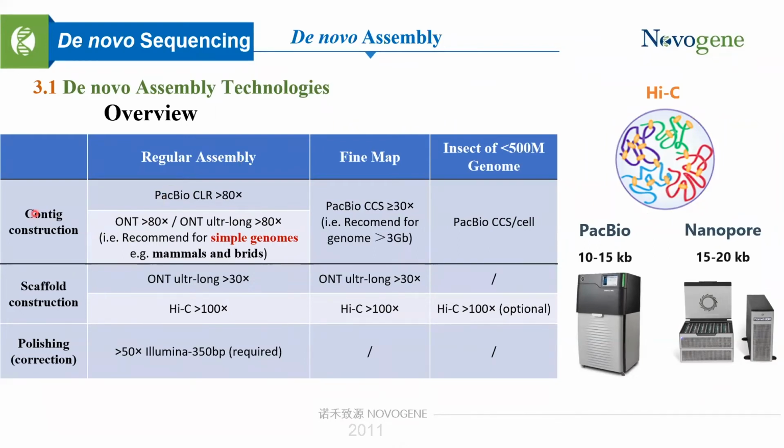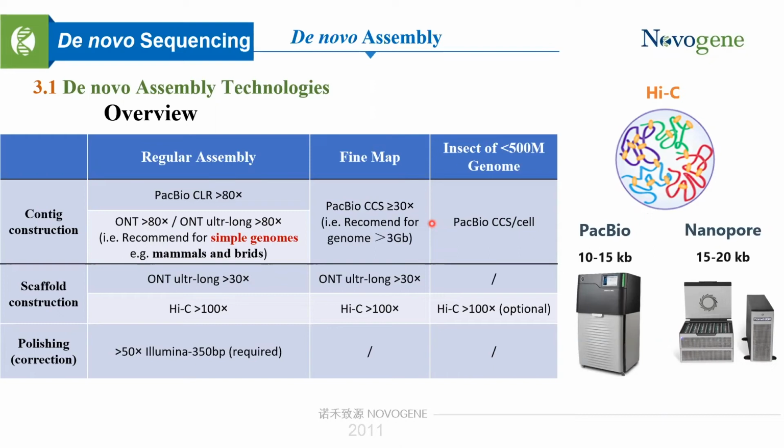For the contig construction, PacBio CLR or ONT with over 80 times sequencing depth is highly recommended in regular assemblies, while PacBio CCS with sequencing depth over 30 times is advised for a fan map assembly for species with over 3 gigabase genome size.